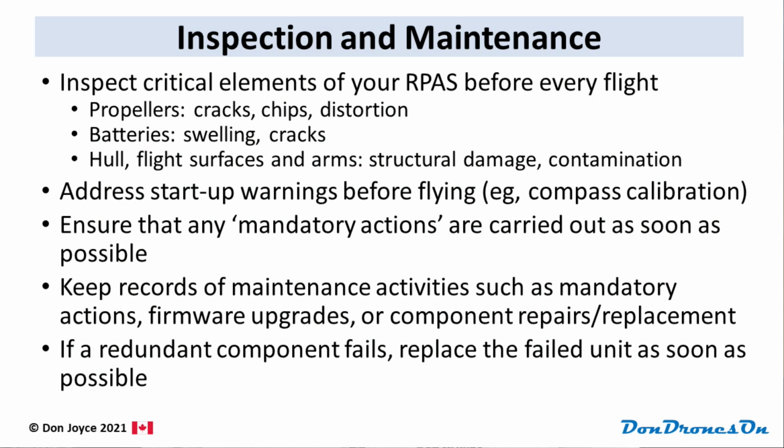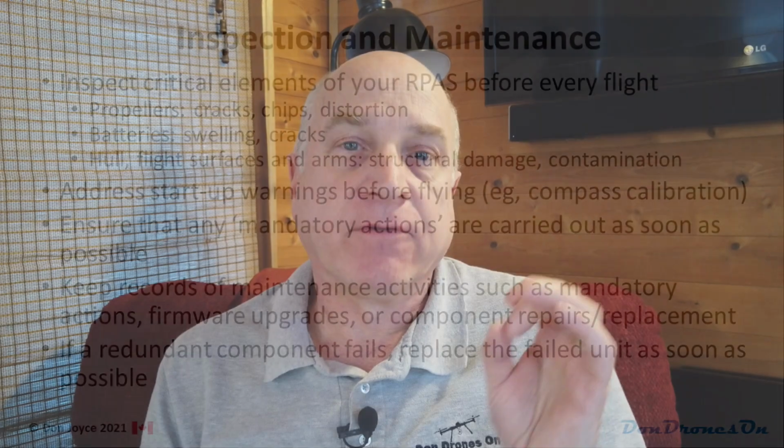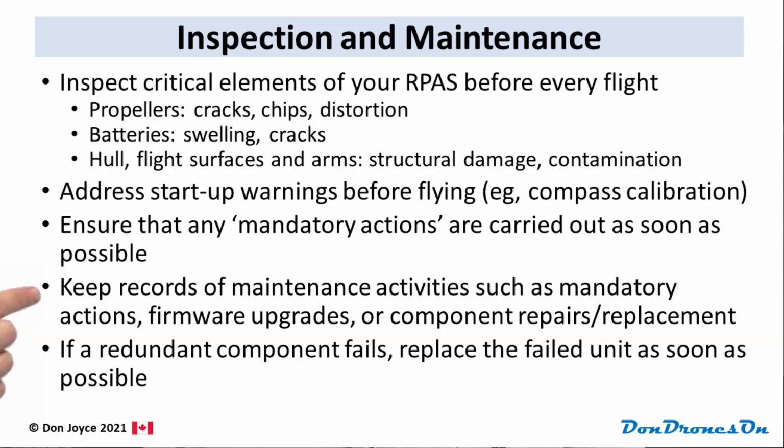While it is usually not possible to physically inspect the electronics, absolutely address any warnings or messages that may come up on the display during startup, such as compass calibration. Also, if you receive a message, like an email, from the manufacturer of your drone of a mandatory action, carry that out as soon as possible. Keep records of your maintenance activities, particularly any such mandatory actions, firmware upgrades, and component repairs or replacements.